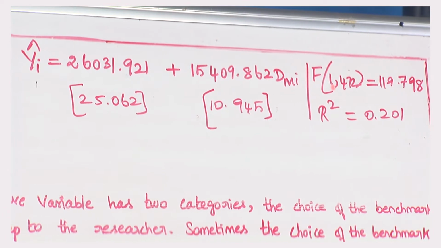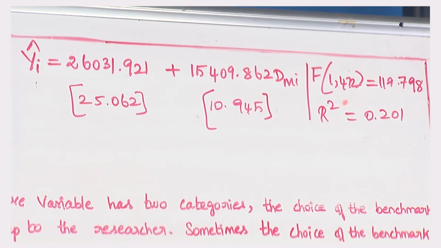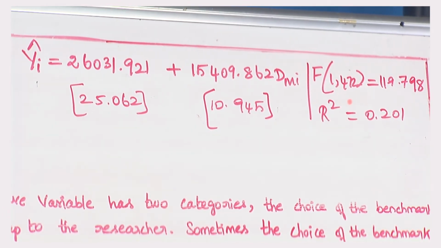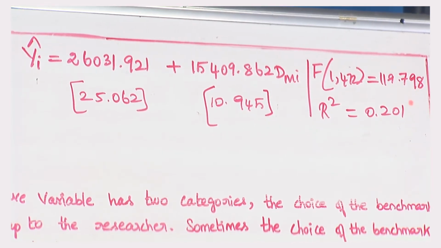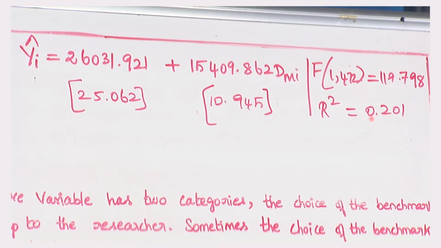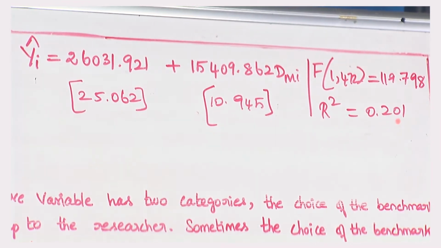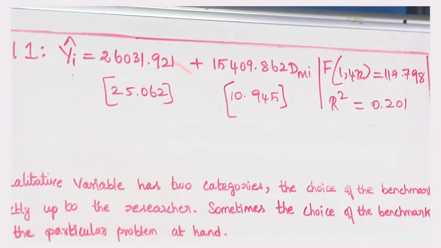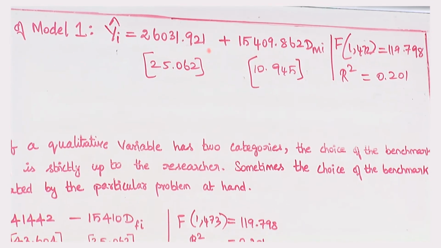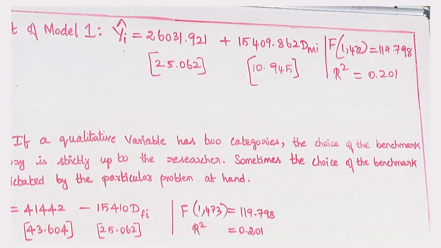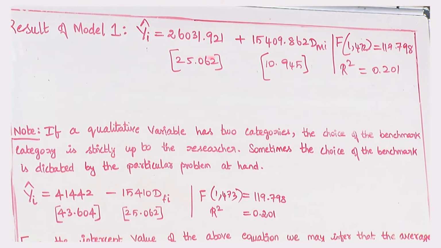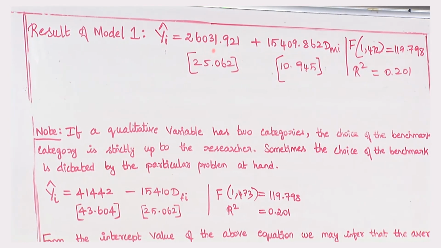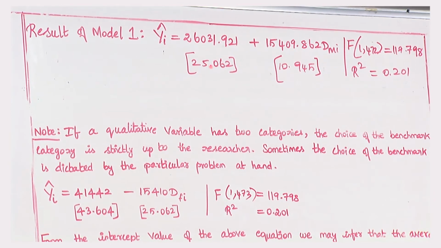F value is equal to 119.798, r square is equal to 0.201. In this model, the intercept we have already seen is the average salary of the base category, in this case female employees.